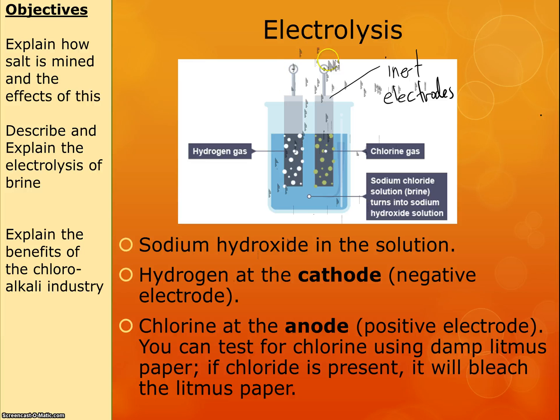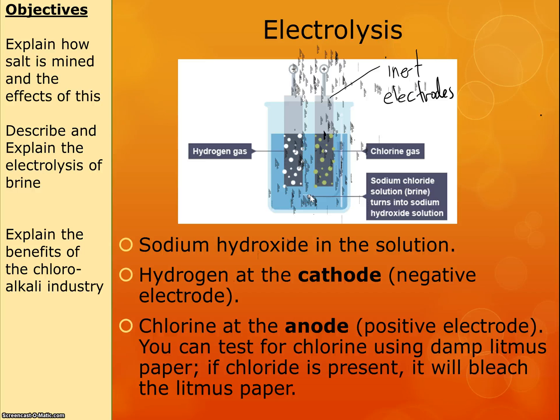Then we run a current through them. So we have our negative cathode, where hydrogen is produced, and our positive anode, where chlorine is produced. And then after we've finished doing the electrolysis, what was our brine solution becomes sodium hydroxide. So we get sodium hydroxide in the solution, hydrogen at the cathode, and chlorine at the anode.